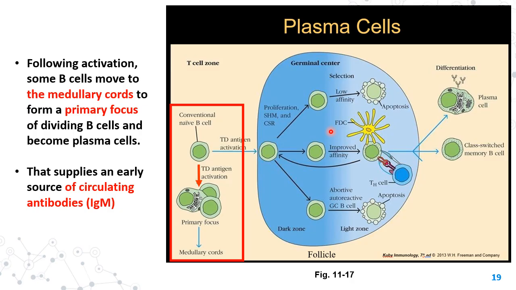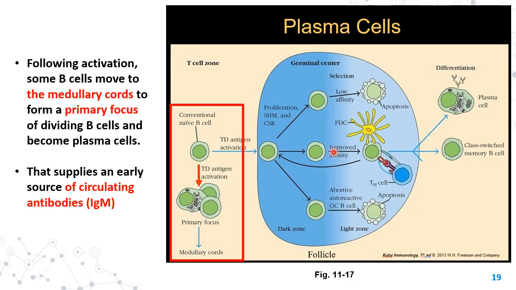Some of them are good, some of them are bad, like good affinity for antigen or worse affinity for the antigen. Okay, if you have production of B cell receptor that is lower affinity, then it's useless, so the cells are going to undergo apoptosis. Okay, if you have a better affinity maturation, then you're going to keep on working with that clone in order to produce better antibodies.